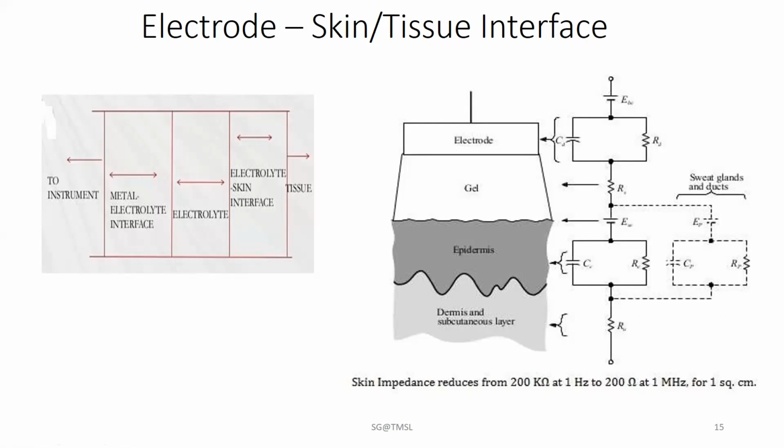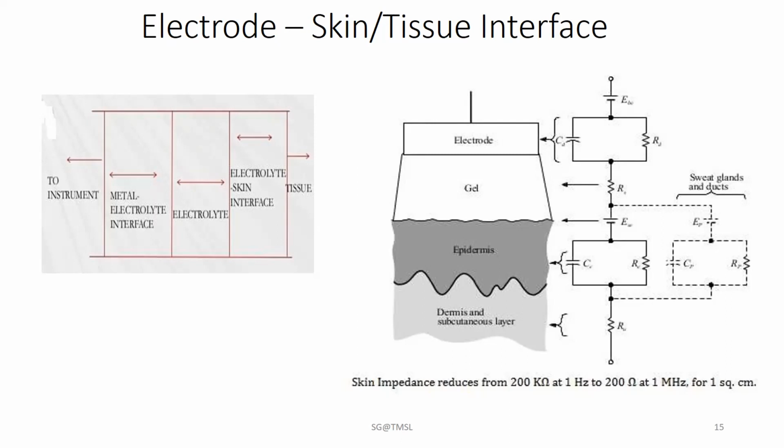So for 1 centimeter square skin, the impedance reduces from 200 kilo ohm at 1 hertz to 200 ohm at 1 megahertz. That is for 1 centimeter square skin.